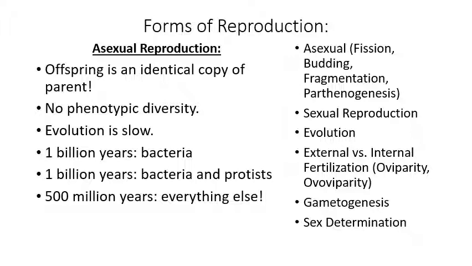For the first 1 billion years of life on Earth, we had nothing but bacteria in the ocean. For the second 1 billion years, we had just bacteria and protists. And for the last 500 million years, we had everything else. The explosion of different forms of life on Earth came about only because of sexual reproduction, which evolved about 500 million years ago, or a little bit less.